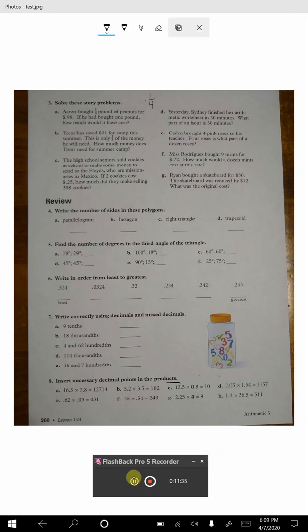So if 1/4 pound is 98 cents, all right, how much is a pound? Well, remember, a pound will be 4 1/4, right? 4 1/4 will make 1 whole pound. So all I have to do is 0.98 times 4 to find that answer. So you can pause me and then come back and do the next one with me.